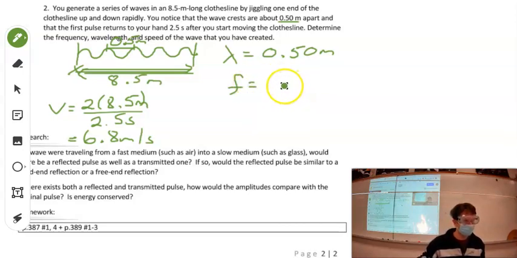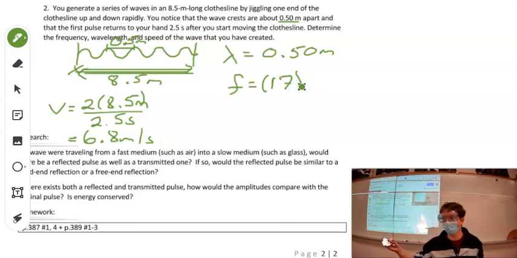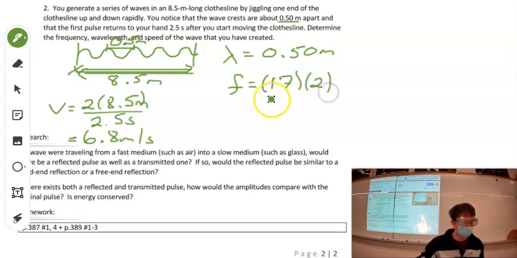If you were to look at all of these crests, and you can count them all, you would count a total of 17 cycles, and going all the way there and coming all the way back, so that's twice as much, in a time of 2.5 seconds. Which gives you a frequency of 13.6 hertz.